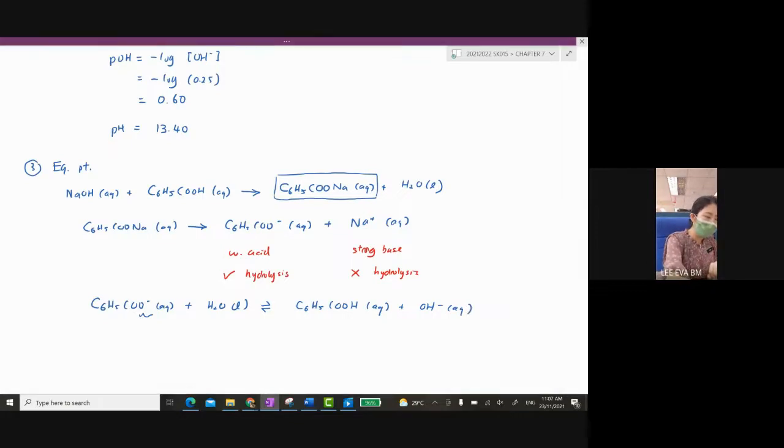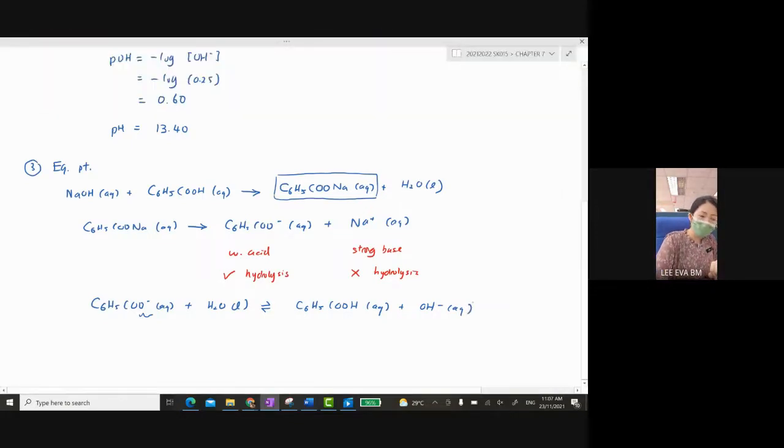Remember that we do the hydrolysis because we want to see which ion will be produced in this process. If you get OH minus, it indicates that the pH value should be greater than 7. So this is the pH range at the equivalence point, or pH is more than 7.